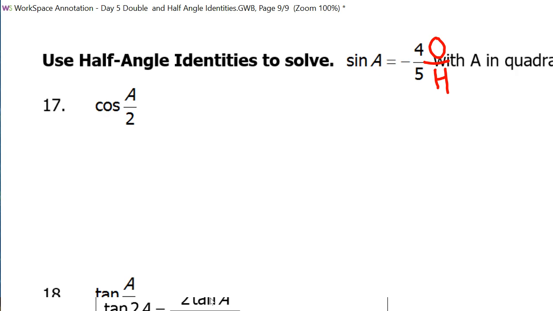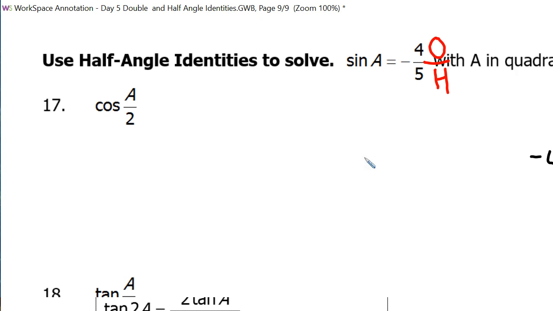The opposite side or the hypotenuse? The opposite side. Hypotenuse is always positive, so your hypotenuse needs to be positive 5. The opposite side is negative 4. And knowing your Pythagorean triple, the adjacent side would be 3, negative 3. Why is it negative 3? Because it's on the left side of 0.